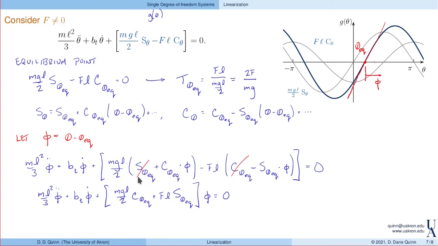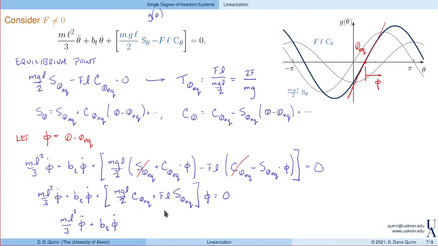So when I do this, and now at this point I've done a bit of algebra, just because I think it ends up being interesting, that the final result, you can actually go and figure out what cosine and sine are, evaluated at theta equilibrium. And ultimately, the equation of motion is ml squared over 3 phi double dot plus bt times phi dot.